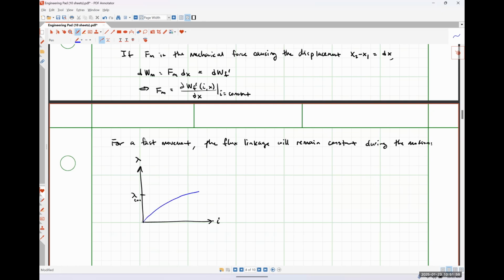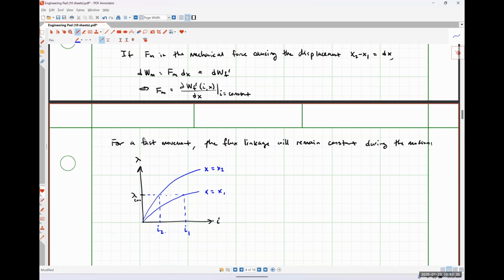And then something like this. So this is for a gap length of x1. This is for a gap length of x2. We now find that we have two different currents where this line intersects, right? Where it intersects curve 1, we're going to call this I1. Where it intersects curve 2, we're going to call this I2.